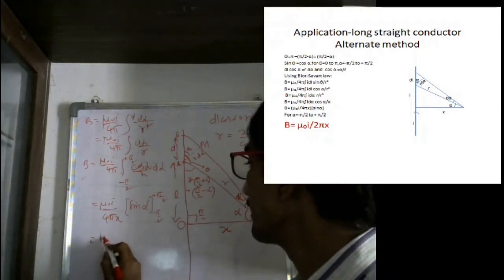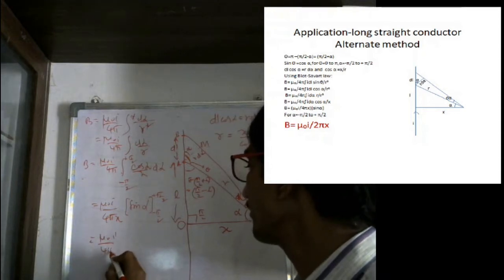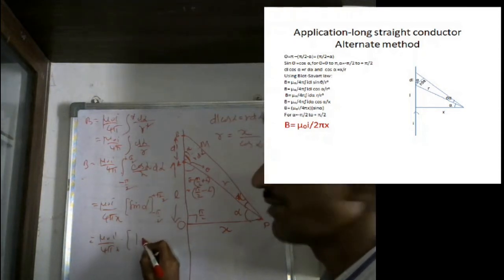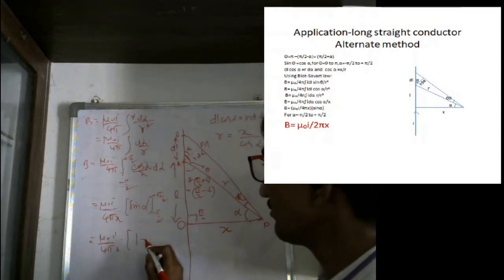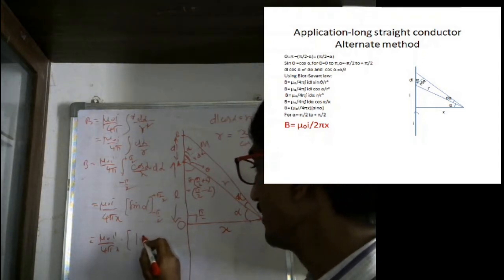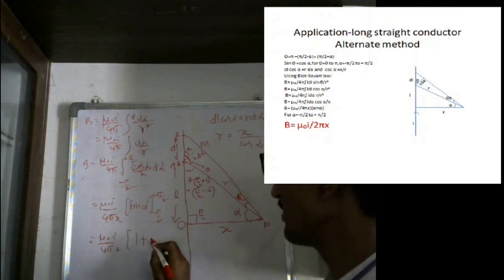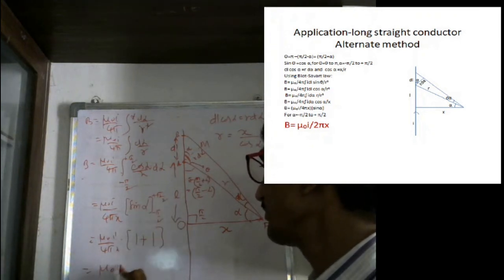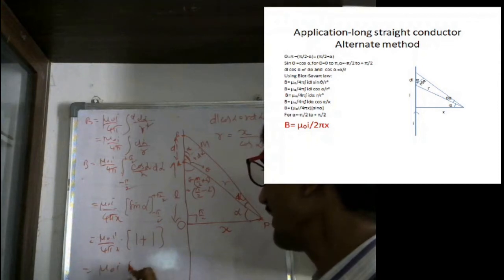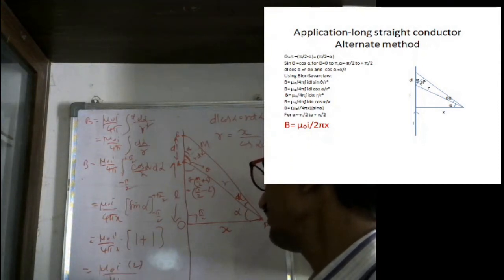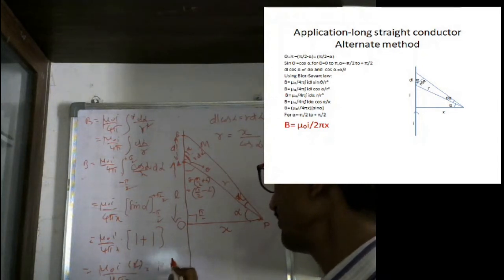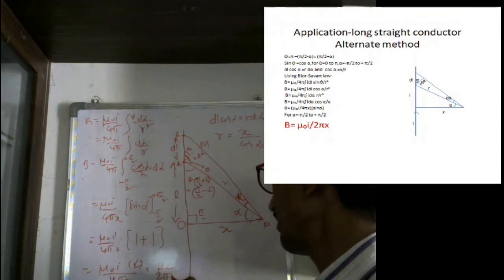So this is equal to mu naught I by 4 pi x times: sin of pi by 2 is 1, minus of minus sin alpha means plus sin of pi by 2, which is also 1. So you have mu naught I into 2 by 4 pi x, and 2 over 4 gives mu naught I by 2 pi x.